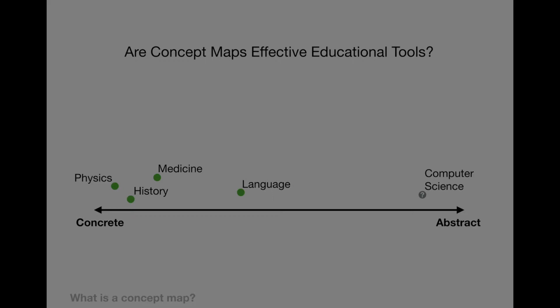And the reason that I think it's worth researching is because while these other fields have more concrete applications, physics, you can visualize a ball rolling down a hill. Medicine, while it's slightly more abstract and on a level that you're not used to dealing with, maybe the internals of the body and such, it's still rather concrete.